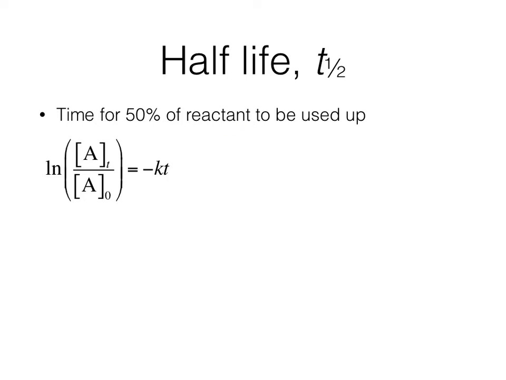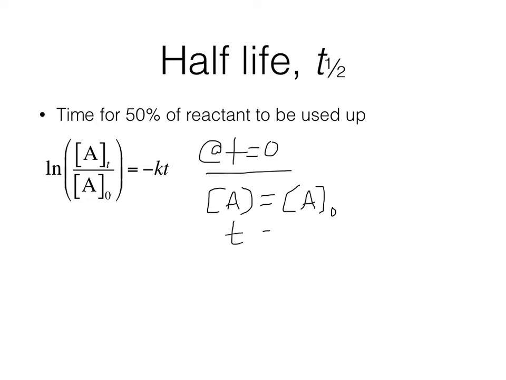And so we can look at this equation here, and we can say, well, at the start of the experiment, we know the original concentration, and we know that time equals 0. And at the half-life, what do we know?